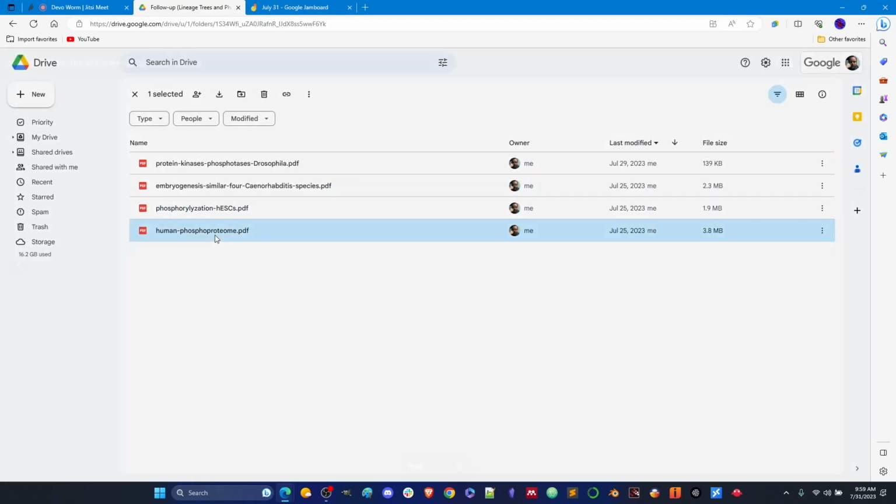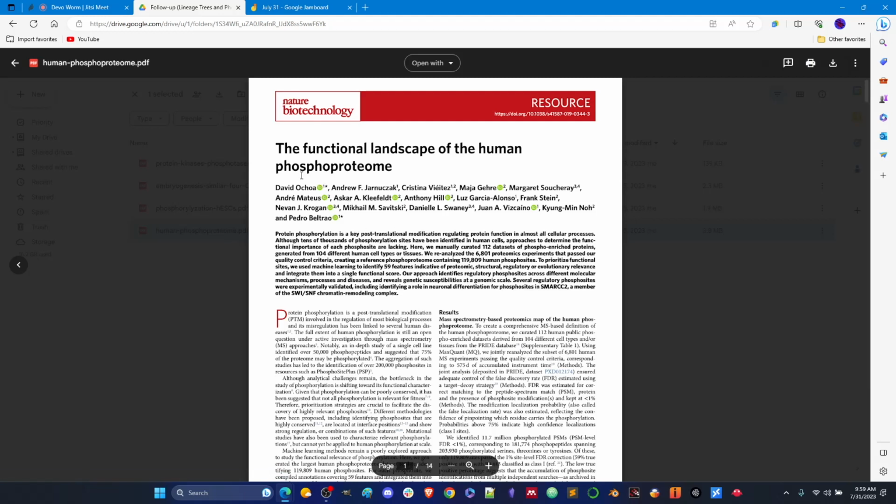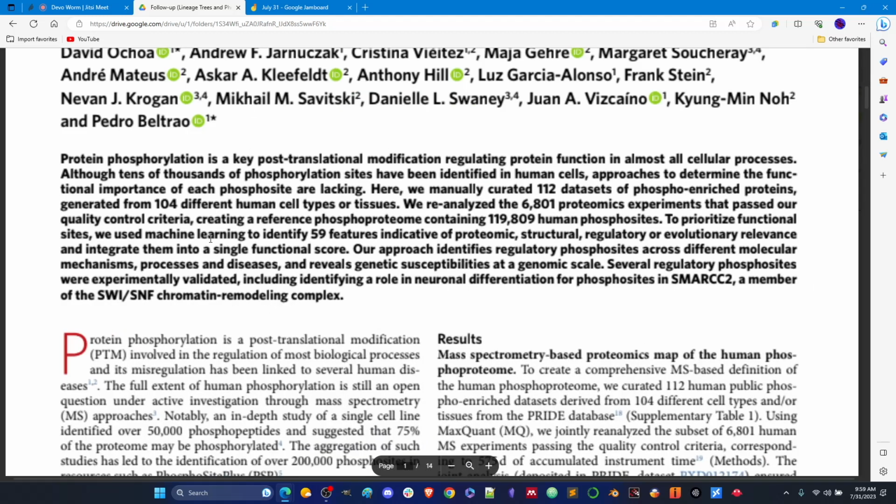And then there's the human phosphoproteome, the functional landscape of what we see in humans, with phosphorylation across the human proteome. Phosphorylation is a key post-translational modification regulating protein function. This is after the DNA has been transcribed and translated.